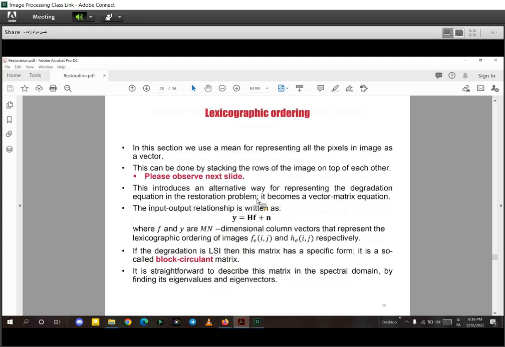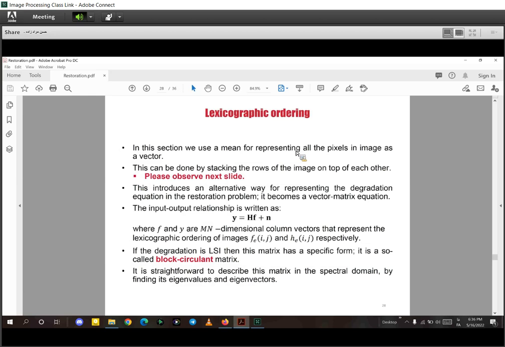Another one. After this item, a new one. Okay. Lexicographic ordering. In this section, we use lexicographic ordering for representing all the pixels in an image as a vector.